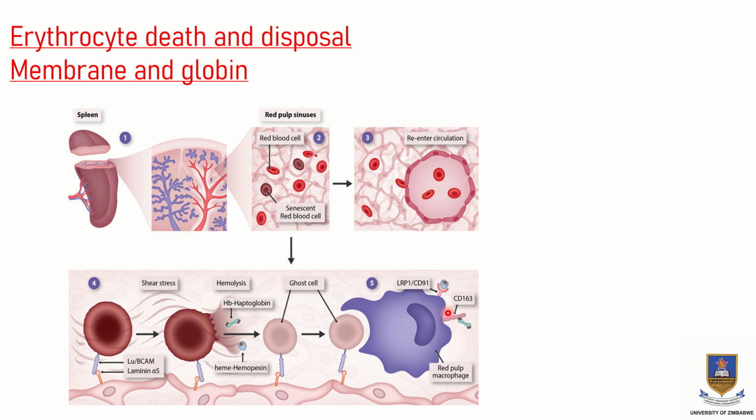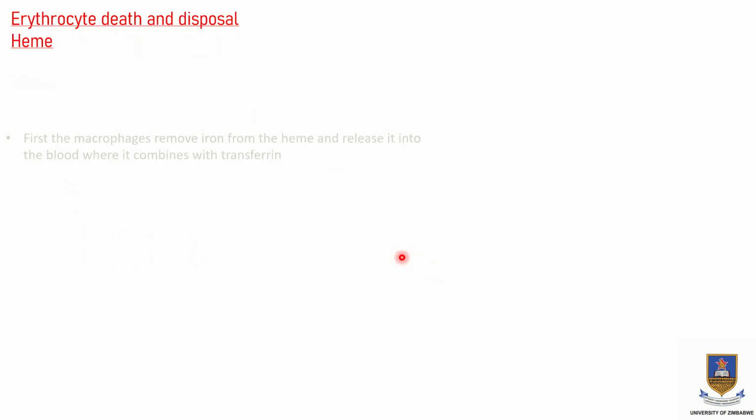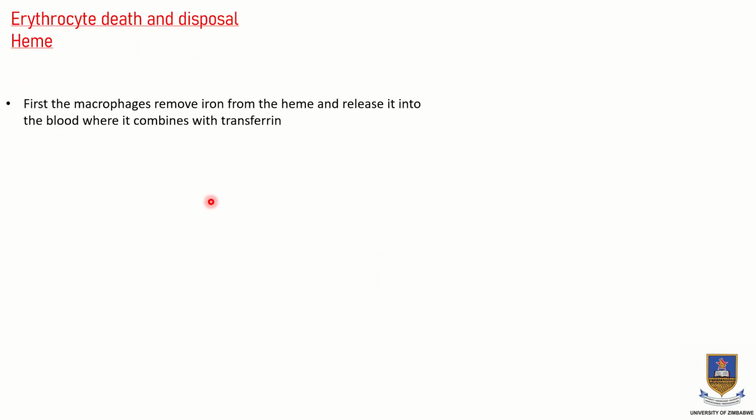But this heme part is a bit tricky, because firstly, the macrophages have to remove iron from this heme and release it into the blood, where it combines with transferrin. We shall talk more about transferrin in the upcoming slides.